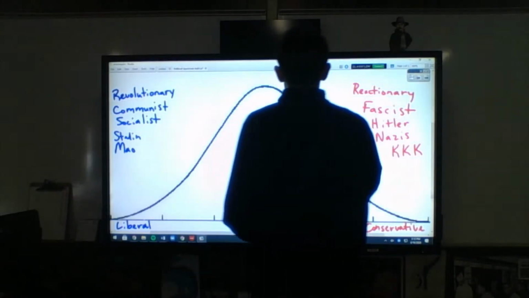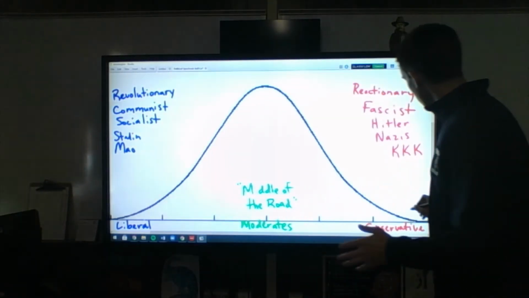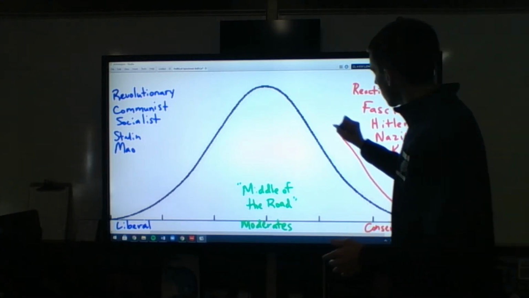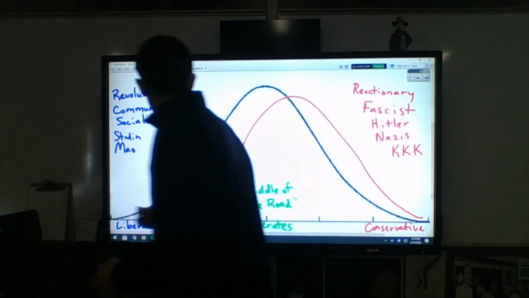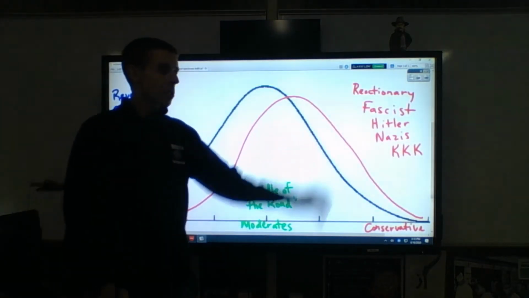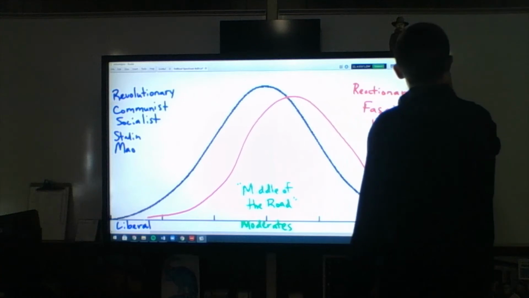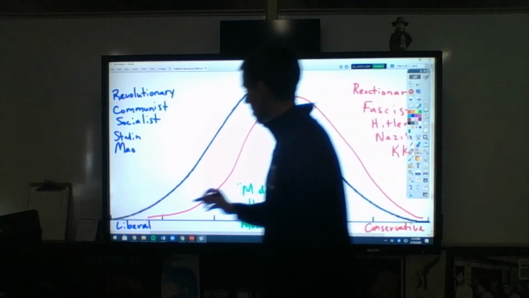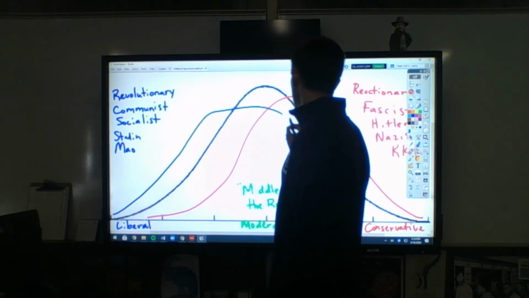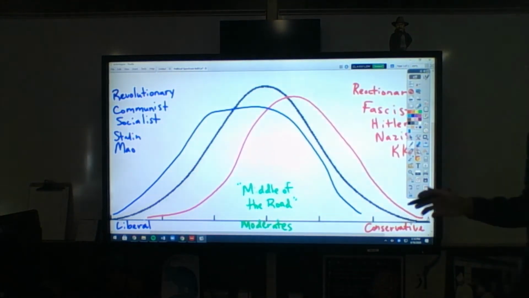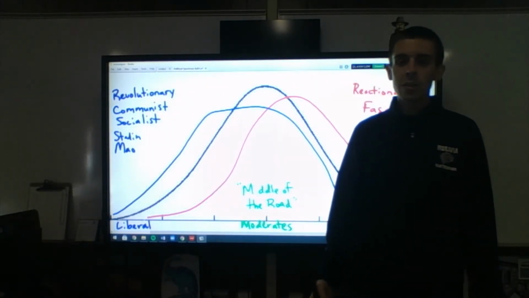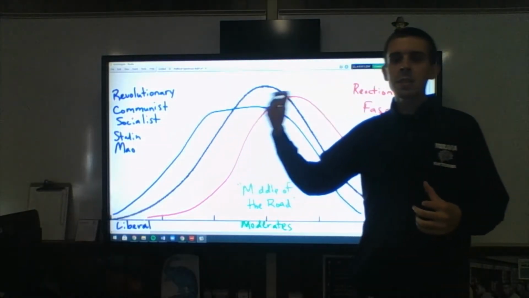So we have a curve that might look something like this for the conservatives, where a majority of them are shifted a little bit and are more conservative, versus a decade that might look like this for liberal people. It's not a great representation, but it shifts a little bit. You see what I mean?